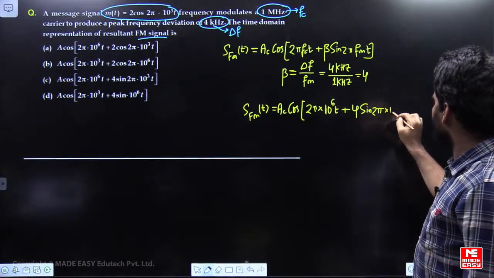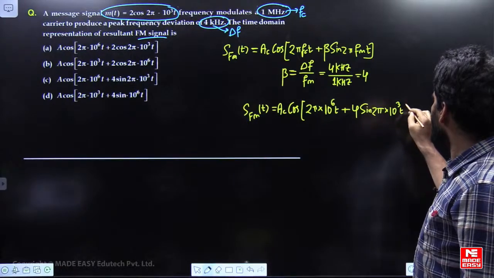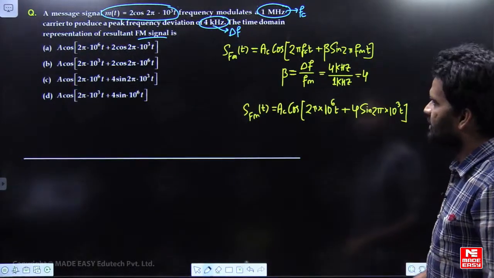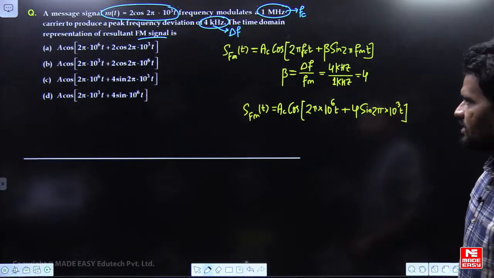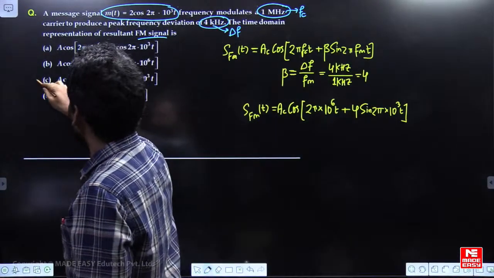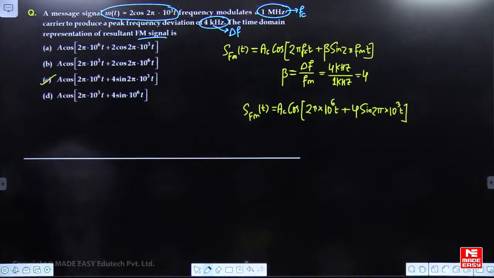So this is 10 power 3 t. This is beta sine 2 pi fm t. Which option is matching here? Option C is matching. Option C will be correct. Yes, good. Sakshi, Aryan, Obita, Ishita, Saptarshi, Barik. Correct answer.